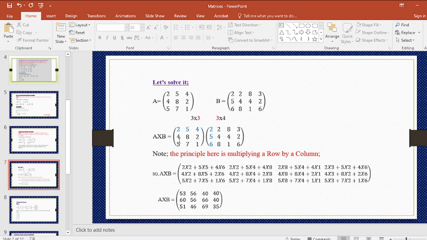Then likewise, if we are done with the first row, let's go to the second row of that matrix. Second row is what? 4, 8, 2. So 4, 8, 2 must again multiply these four columns. So we have 4 times 2, as you can see, then 8 times 5, 2 times 4, and likewise the rest of them. I will not go through the whole of that, but that's the principle we majorly follow.